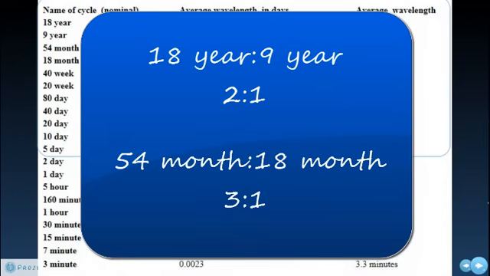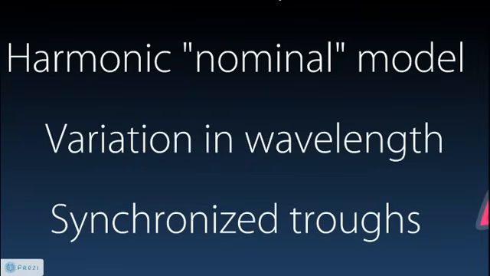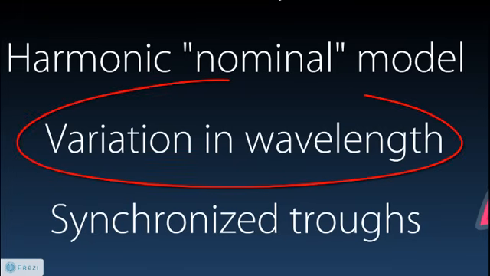For instance, the wavelength of the 18-year cycle is related by a ratio of 2:1 to the wavelength of the 9-year cycle. Now that you understand that the multiple cycles which influence the price movements of financial markets are not arbitrary random cycles, but are a specific list of harmonically related cycles, we must move on to the next concept, which is the concept of variation in wavelength.